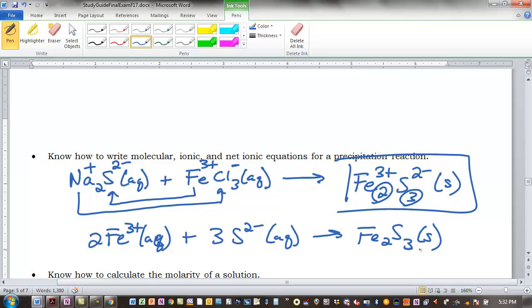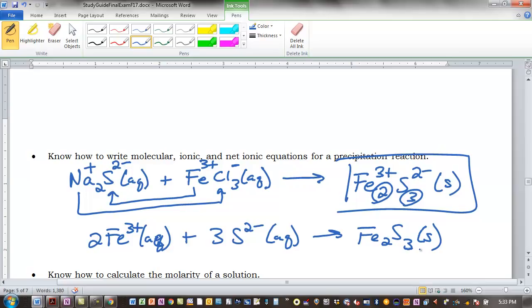Yes? Is there ever a time where there won't be a precipitate? It's possible. You could mix those two solutions together, and if you looked and went, okay, this cation with this anion, no precipitate, and if we did the other cation with the other anion and there was no precipitate, then there'd be no reaction.